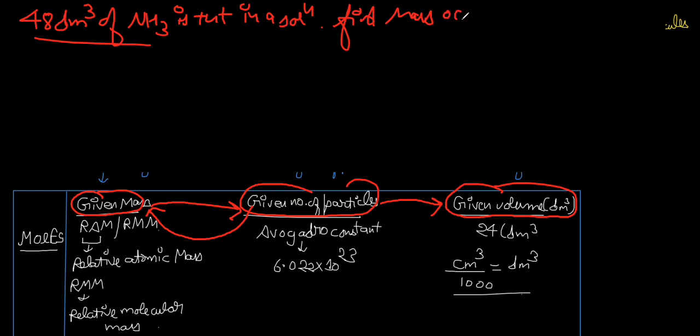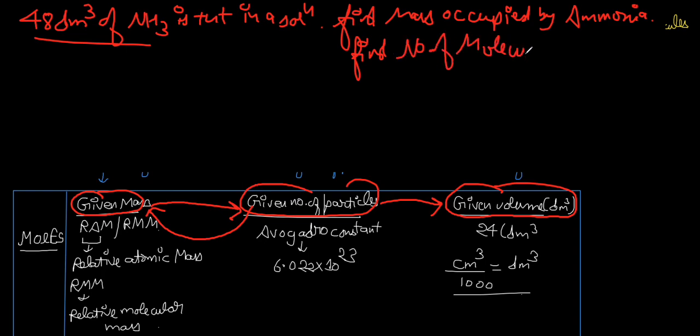Find mass occupied by ammonia. Find the number of molecules of ammonia. So here the conversion is from the given volume, they're asking you the number of particles, and they're asking you the given mass.